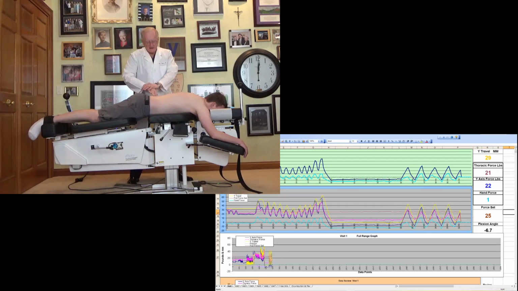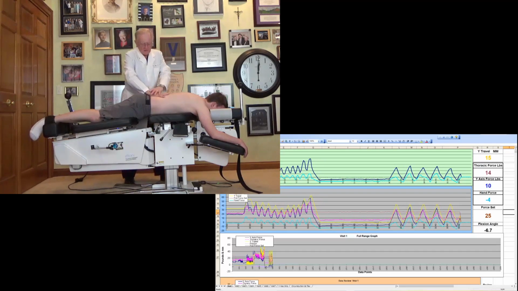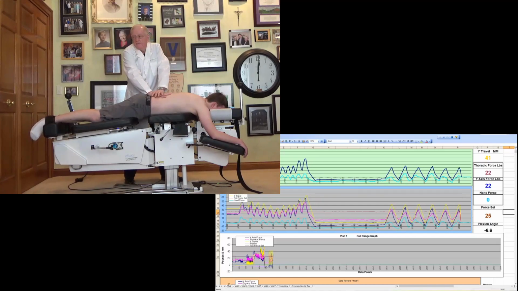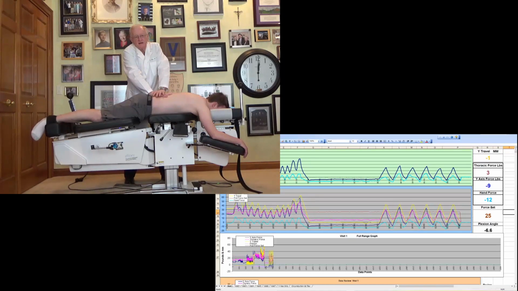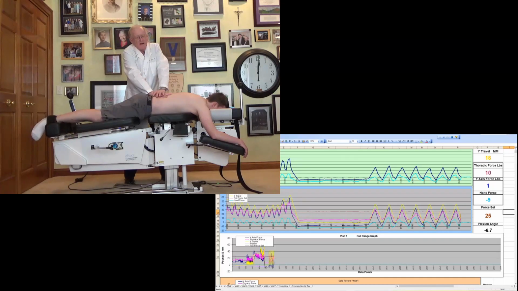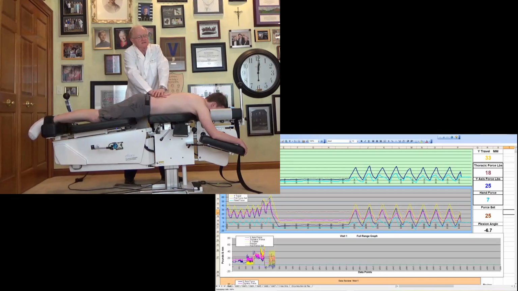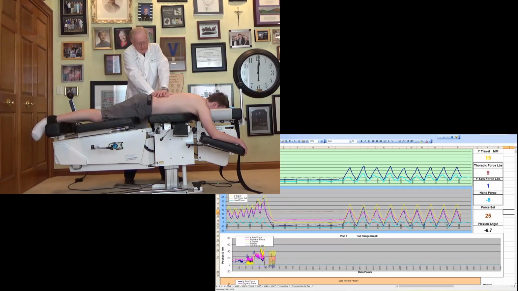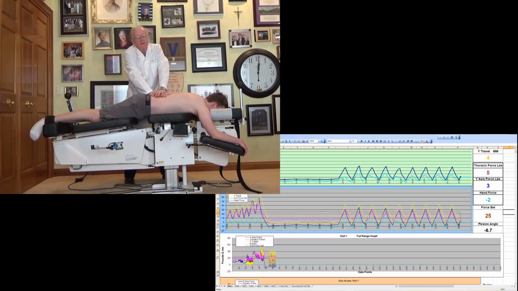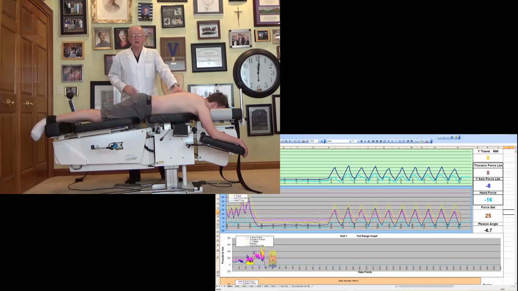I can isolate this per segment, say L5S1. If I come down and contact L5, I can apply specific level automated distraction at the L5S1 disc. Now this is only done after careful tolerance testing manually and then when applying long Y-axis distraction. I can also, with this patient, stop it at neutral.